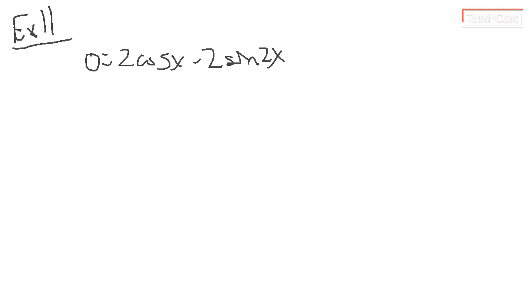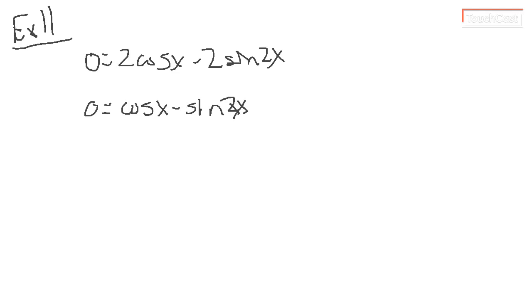Both terms on the right side of our equation have a 2, so we can just rewrite this as 0 equals cosine x minus sine 2x.